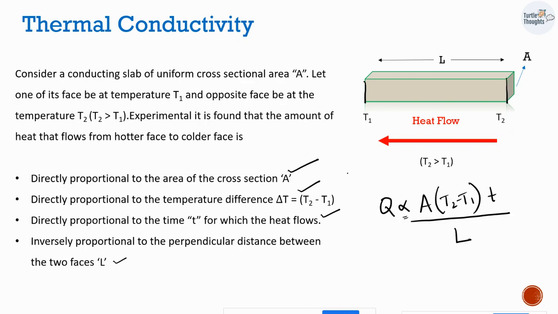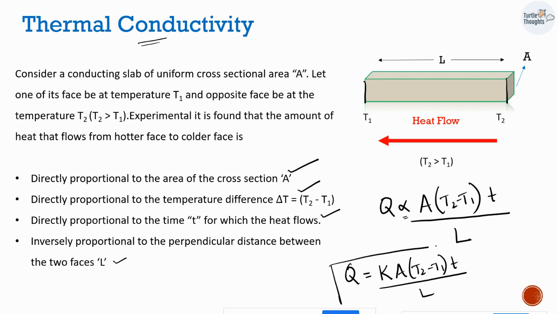If I send T to the other side, I can write Q is equal to K, which is going to be your thermal conductivity, multiplied by A multiplied by T2 minus T1 multiplied by the time T divided by L. This is what I will be getting when I take the equal to sign.